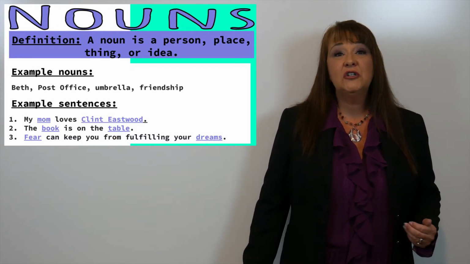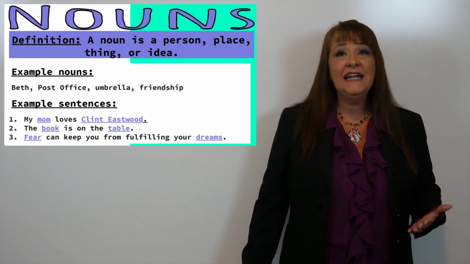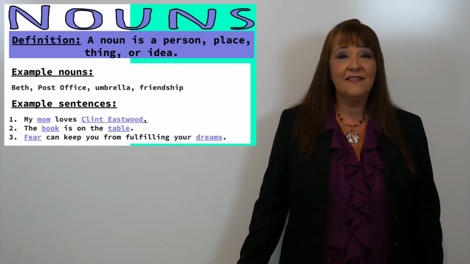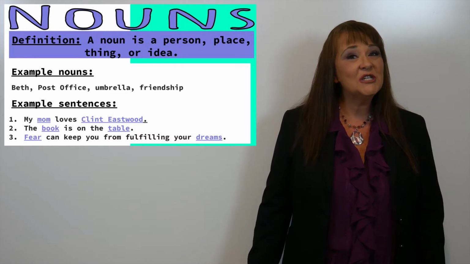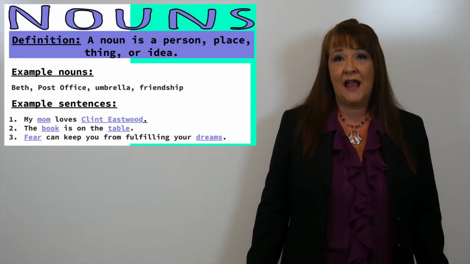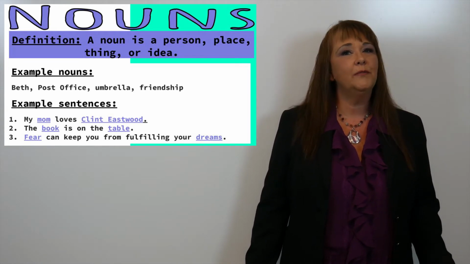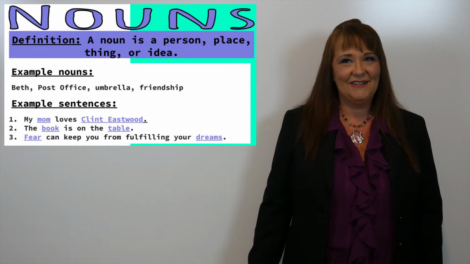So, there are 2 types of nouns. When we're looking at nouns in the English language, you probably noticed that there are those 2 types of nouns. Understanding the different types of nouns and what they're used for will allow you to put your sentences together correctly.